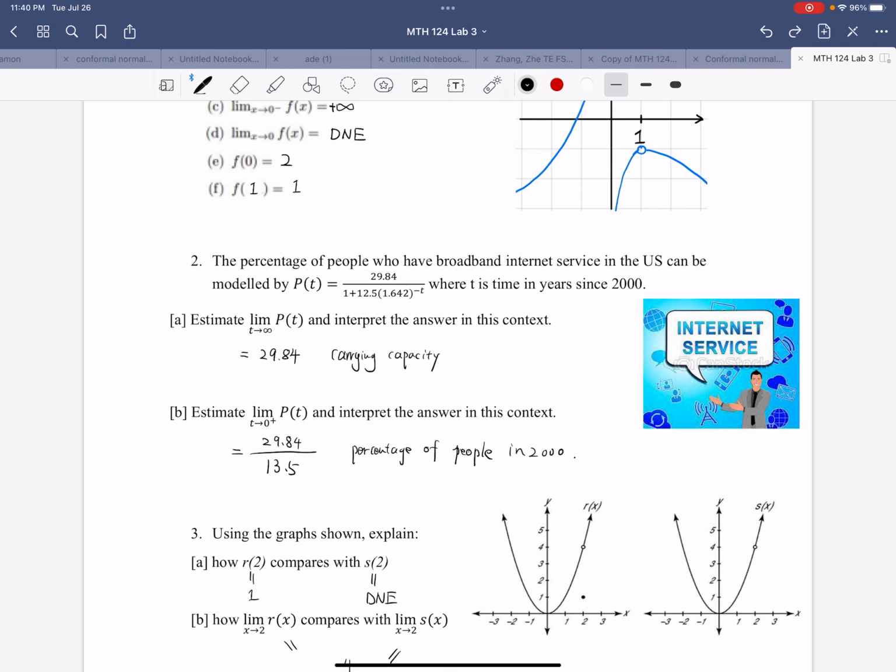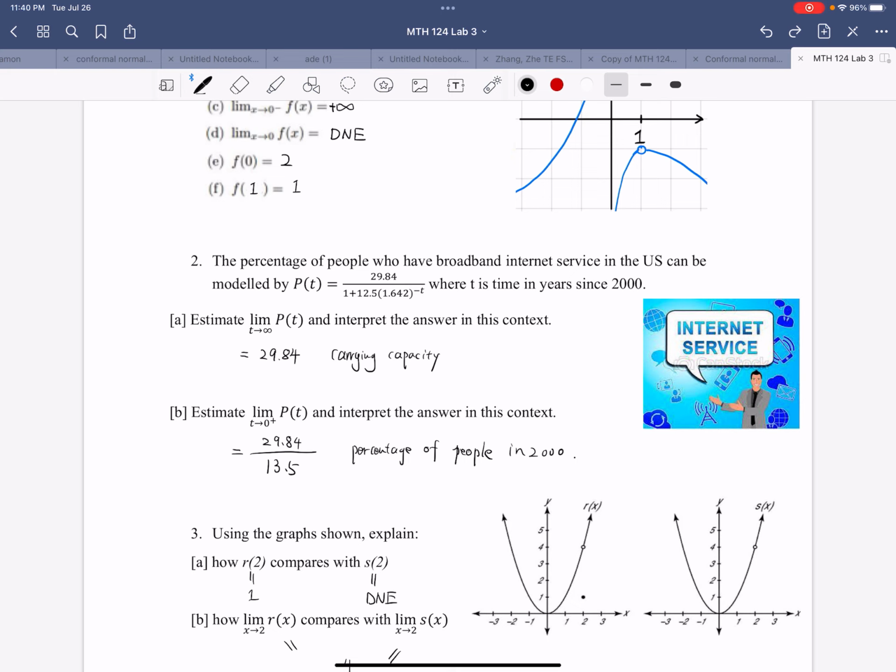Something to the power -infinity is always 0, right? So it's 1 plus 0, which is 1 for the denominator. And that's why when t goes to infinity, the limit is 29.84.